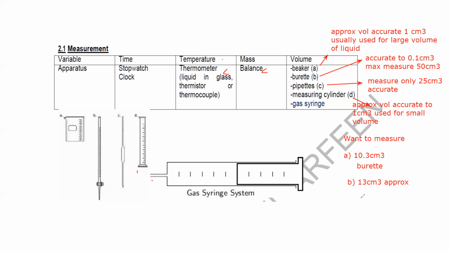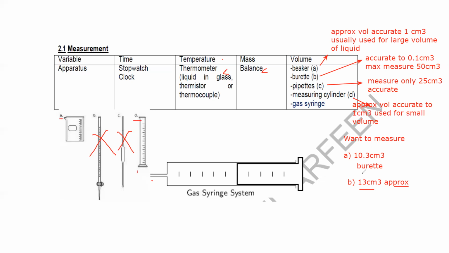So when I check this value, 13 cm cube approximately, I don't want it exactly, so it cannot be a burette or a pipette. Why not? Because burettes and pipettes are used for exact, accurate values, and we just need an approximation. So either a beaker or a measuring cylinder can be the answer.